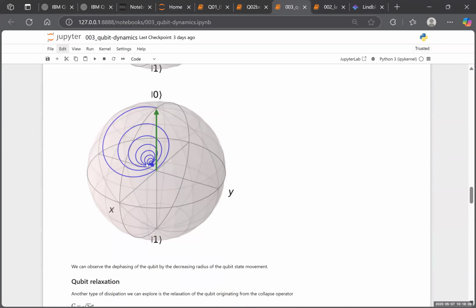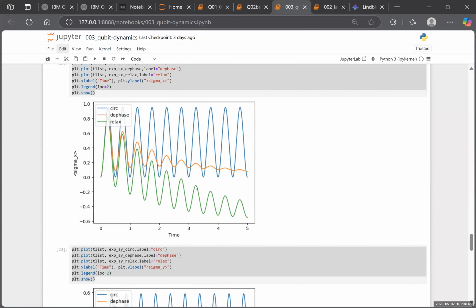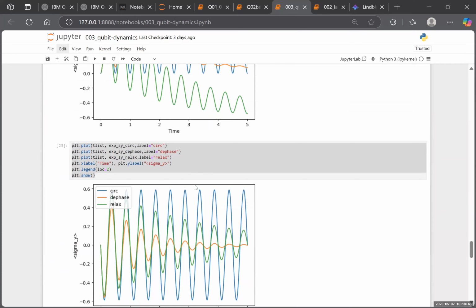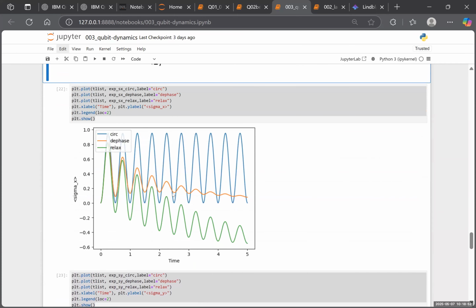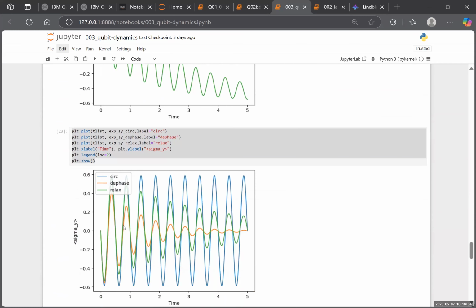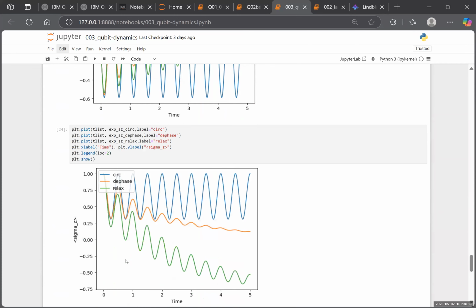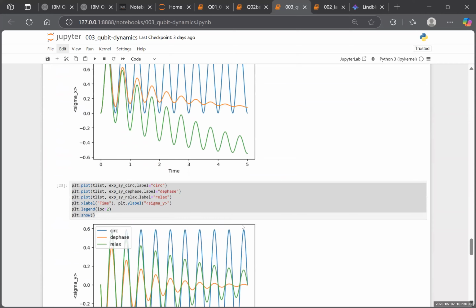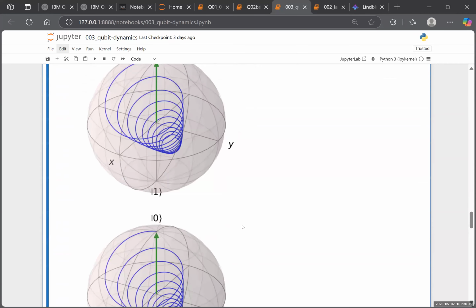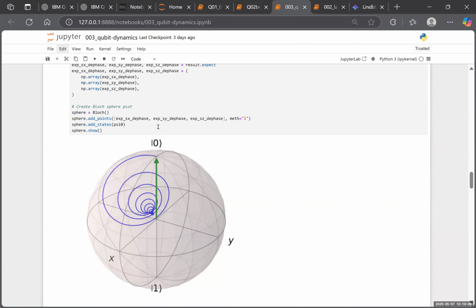So x goes to 0, so it's close to the YZ plane, but let's see what about y and z. X goes towards 0, y also goes towards 0. So x, y, z go towards 0, so it's moving toward the center. It's not quite there yet.